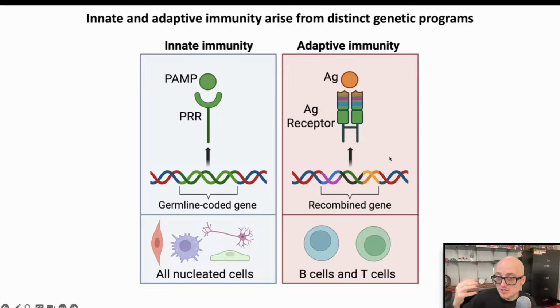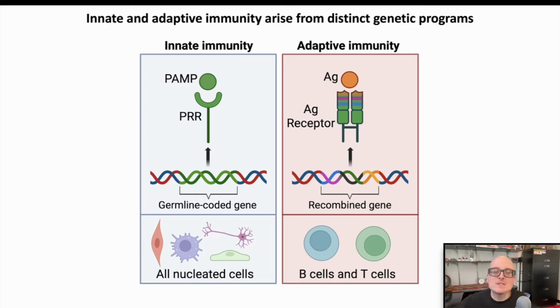One reason for that, as we'll see, is that the number of unique antigens that we might need to recognize greatly exceeds the number of genes that we actually find in the human genome. If for every antigen that we encountered we had a single gene that encoded a receptor for it, there would basically be no room left over in our genomes for any other type of protein.